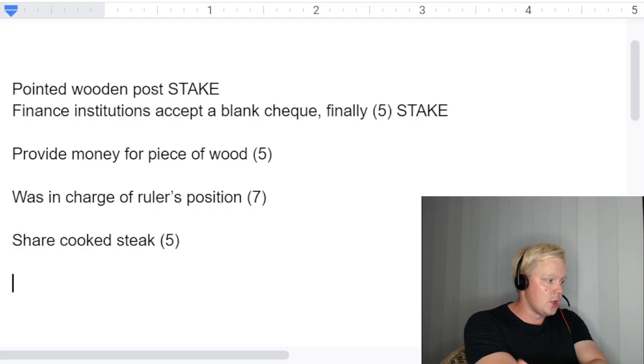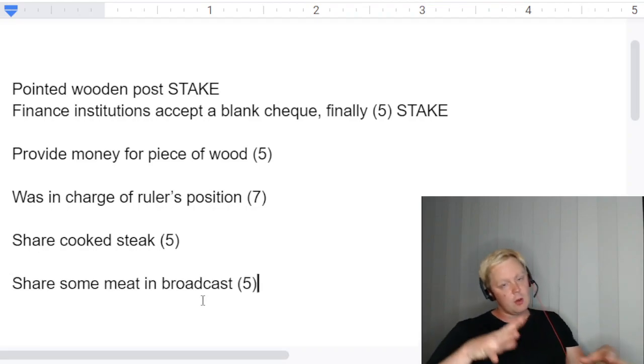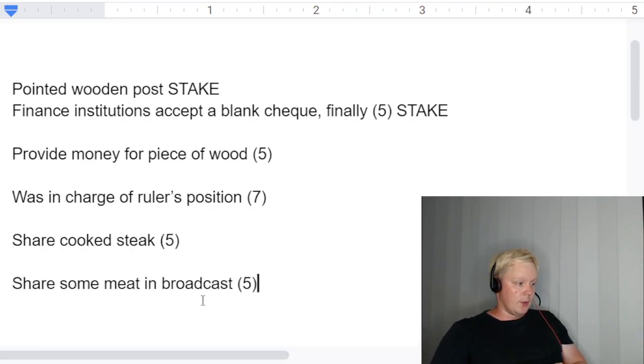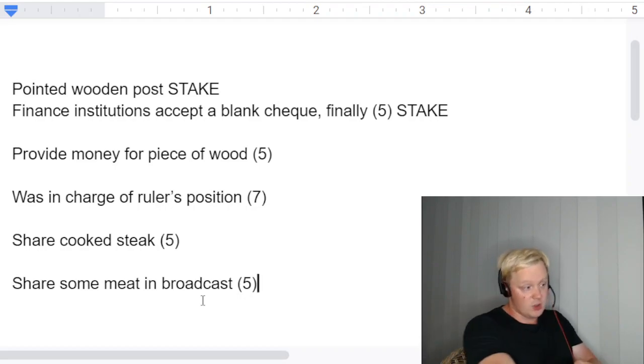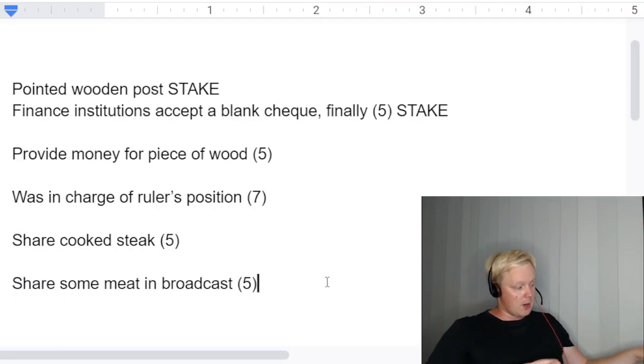So let's look at another operation that we can do to the surrounding words. The clue is share some meat in broadcast. And here we have again share is the definition as before. And in broadcast is now an indicator, and that indicates finding a sound-alike word.